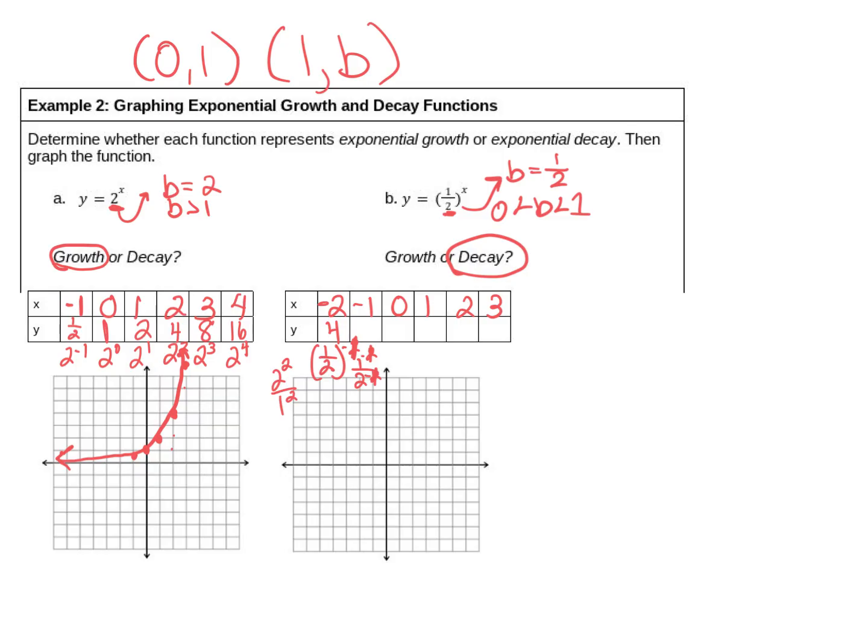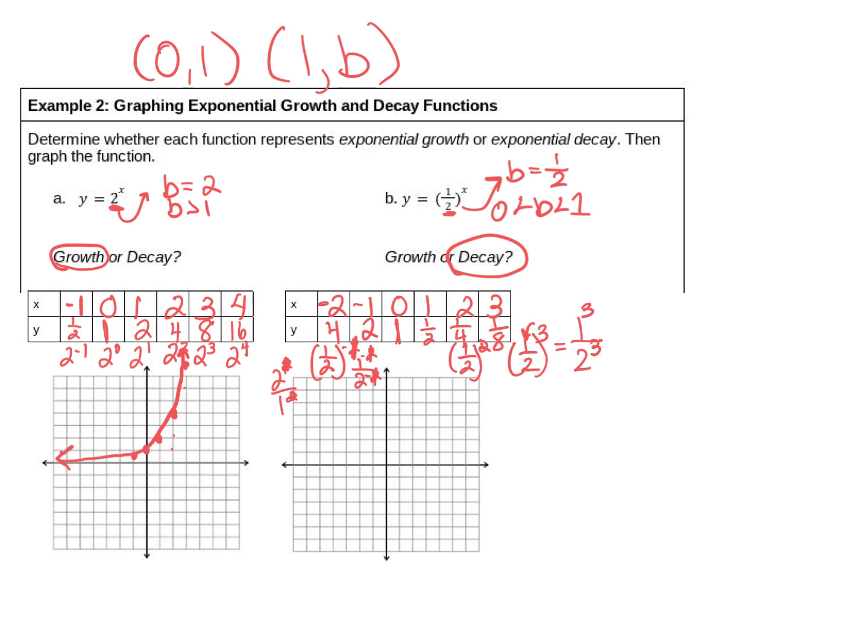So you're just flipping it and you're getting 2 over 1. 0, anything raised to the 0 power is 1. 1, raising it to the 1 power is 1/2. If you square a half, you actually get a 4th. And then if we raise it to the 3rd power, you get 1/8. Because you share that exponent, 1 to the 3rd over 2 to the 3rd.